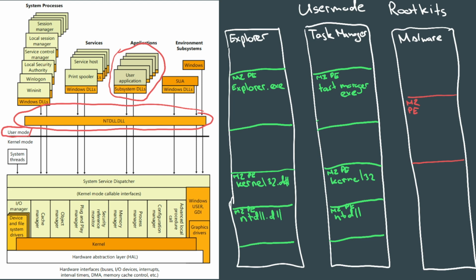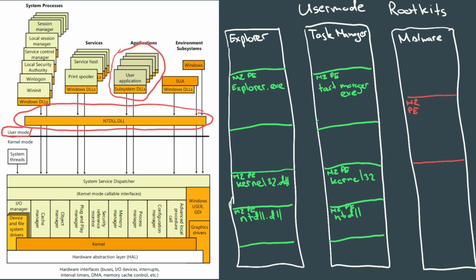It's a very simplified picture, so that each process has the main image, for example, explorer.exe or taskmanager.exe, and they also have kernel32 DLL and NTDLL loaded. Of course, there are much more DLLs loaded into this process, but for our example, it's good enough simplification. And we have malware process with a malicious image loaded in it as well.